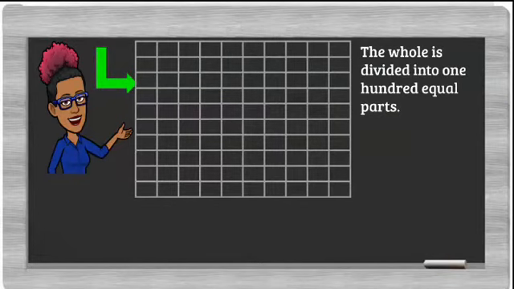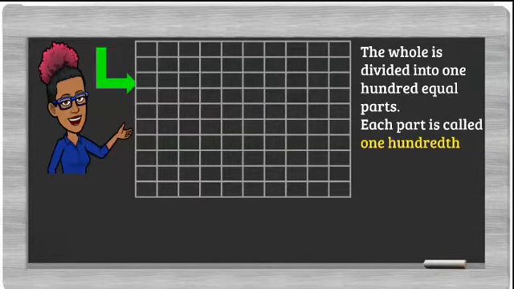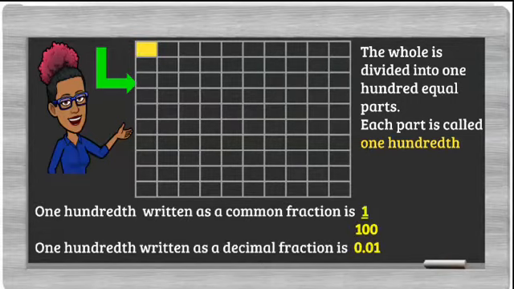This whole is divided into 100 equal parts. Each part is called one hundredth. One hundredth, written as a common fraction, is our numerator 1 over our denominator 100, which in fact tells us that we're considering one part out of a whole divided into 100 parts.